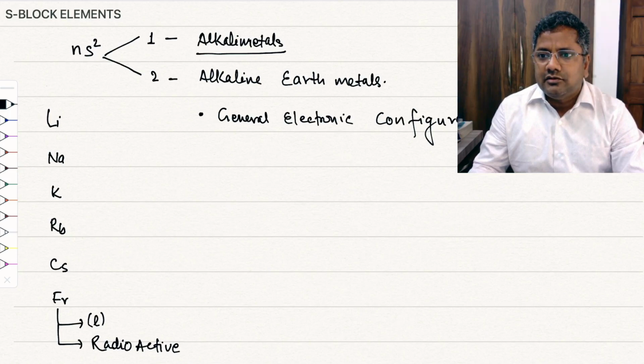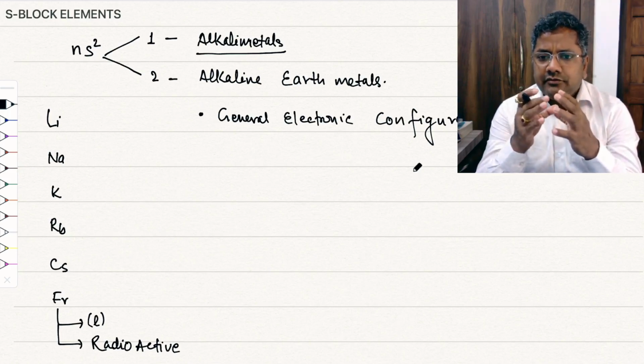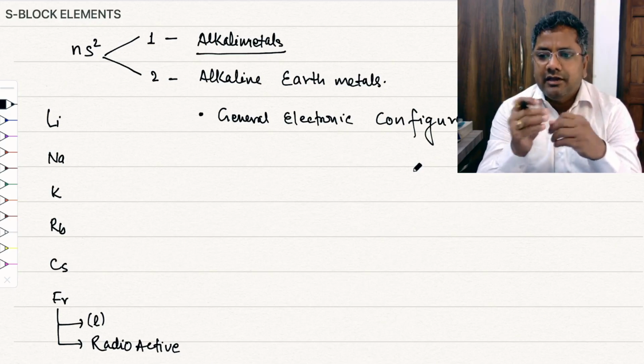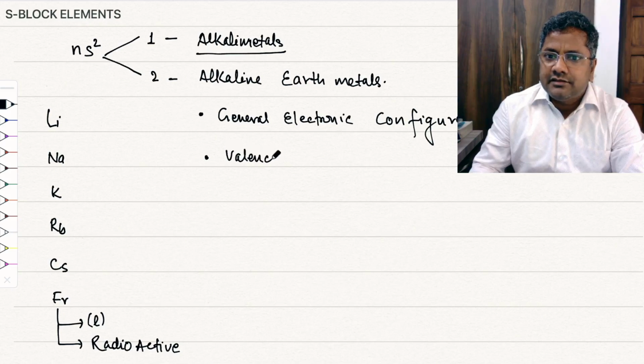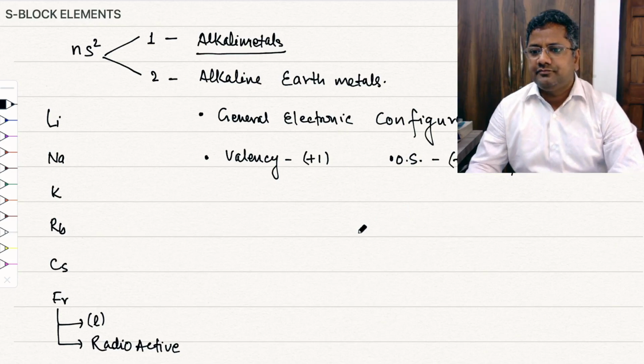So the valency and oxidation number of this group elements, alkali metals, is fixed. What is the valency? Valency is +1, and oxidation state is also +1, and this is fixed, no change, right?